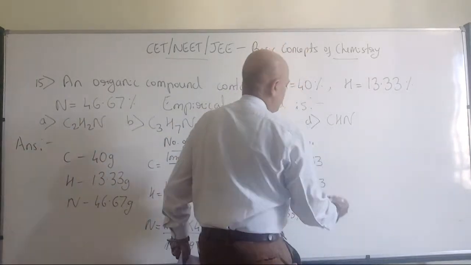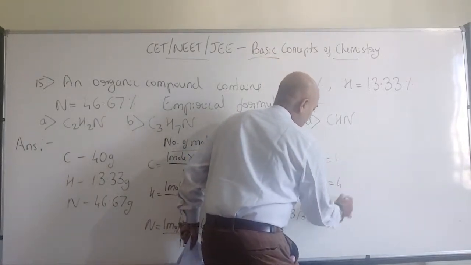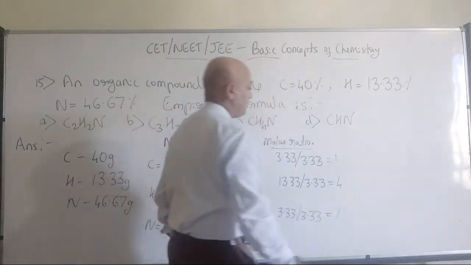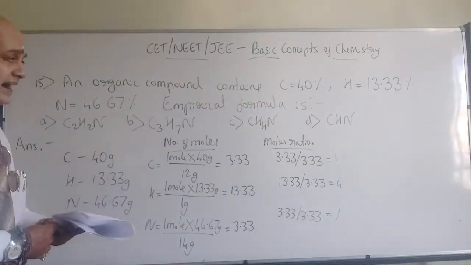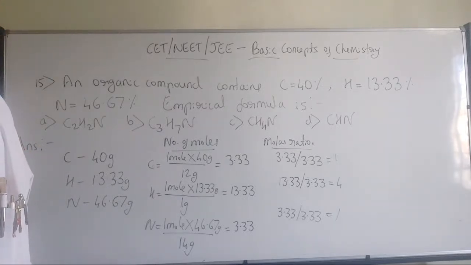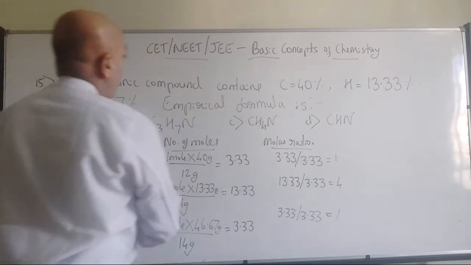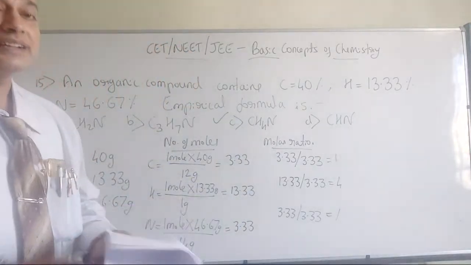So what are you going to get? Here it is naturally 1, here it will be 4, and here it will be 1. So therefore carbon is 1, hydrogen is 4, and nitrogen is once again 1. Naturally option C should be the answer.